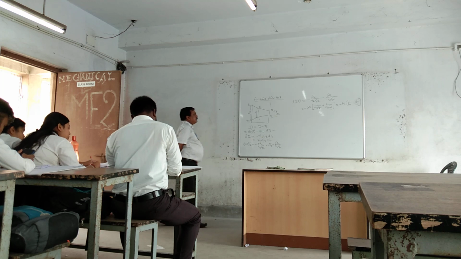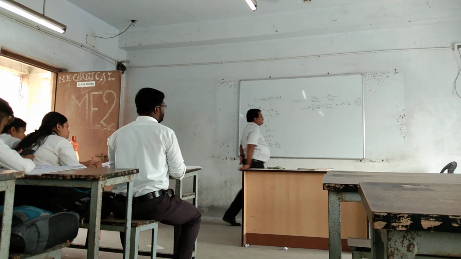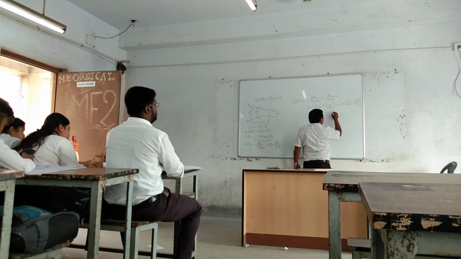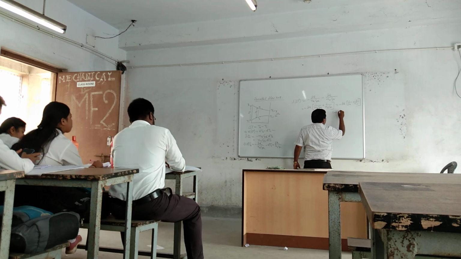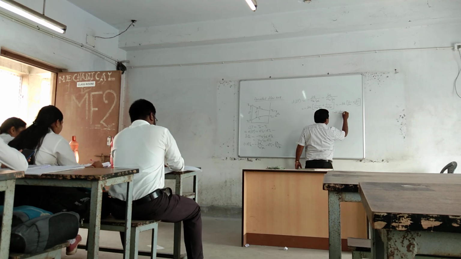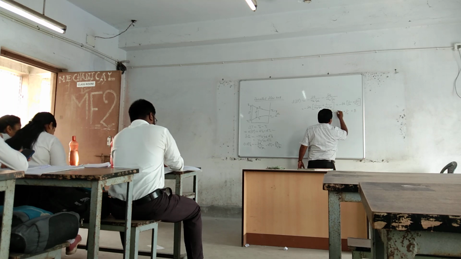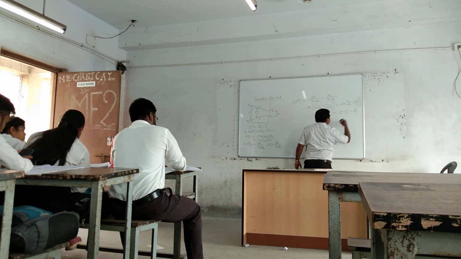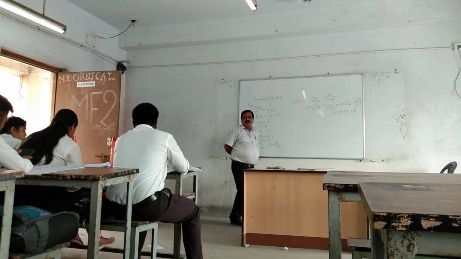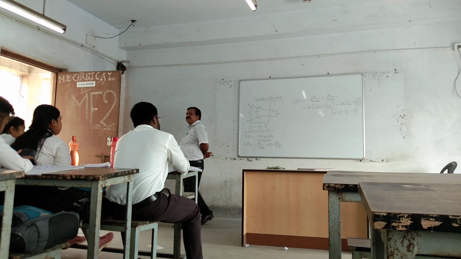Now see, we are considering that 1 by CH plus 1 by CC is equal to some constant B. CH, CC are constant, yes, so we take it for some purpose.